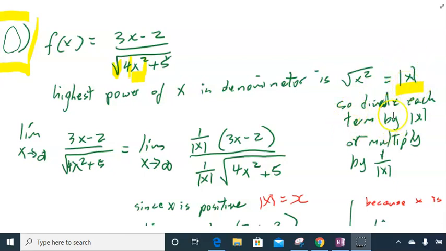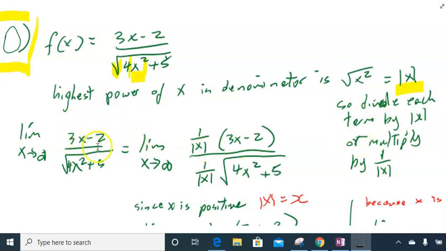So then we will divide each term by the absolute value of x, or in the same way, we'll multiply by 1 over the absolute value of x. Dividing by the absolute value of x or multiplying by 1 over the absolute value of x, we're actually doing the same thing.